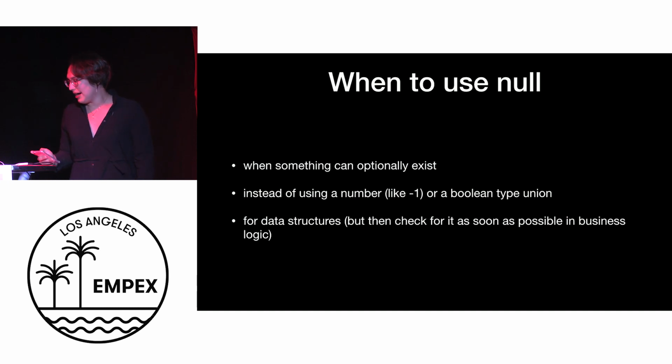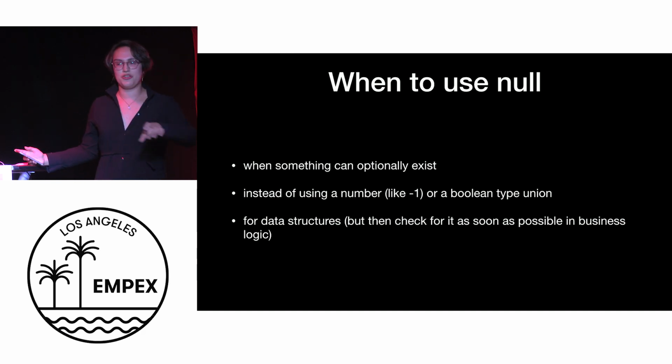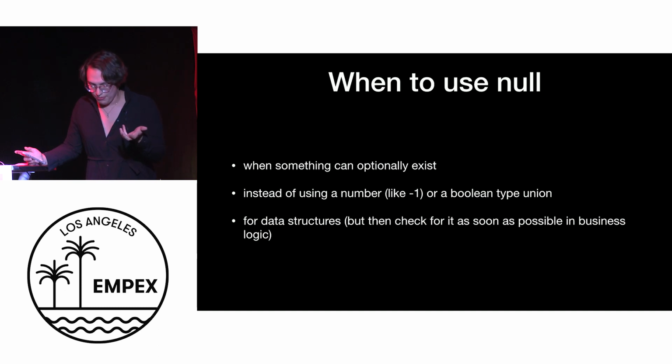And then finally, in my humble opinion at least, it makes more sense for data structures than it does for arguments or constructs that you're passing around through functions. Because if you use it for a data structure, whether it's a model in a database or something else, you can check for null early on in your list of callers, and after you check for null once, you can type it such that null is no longer possible.